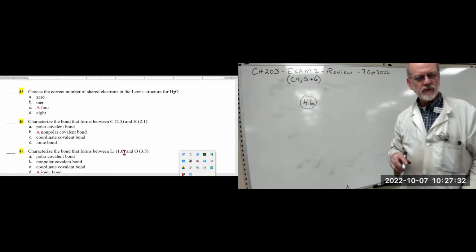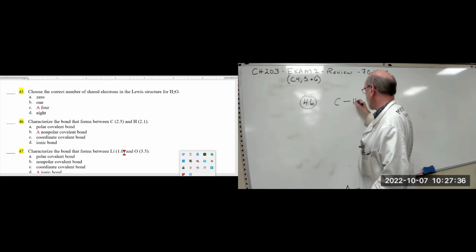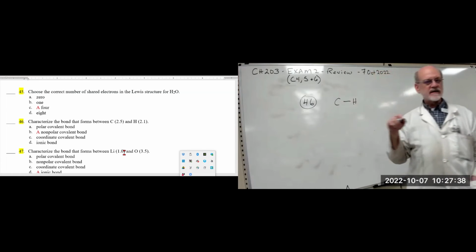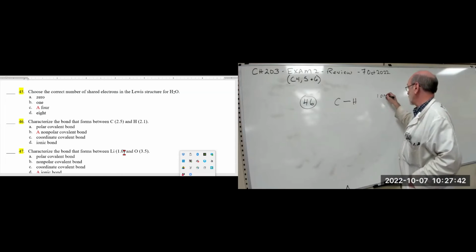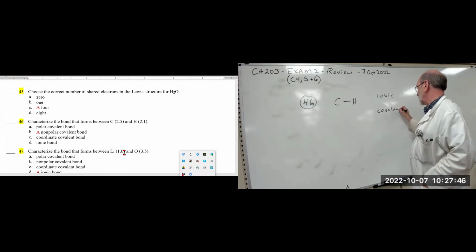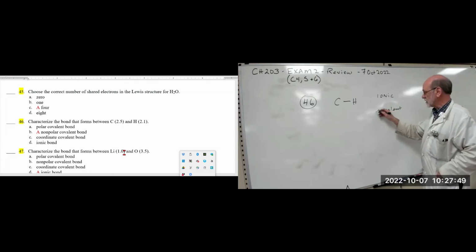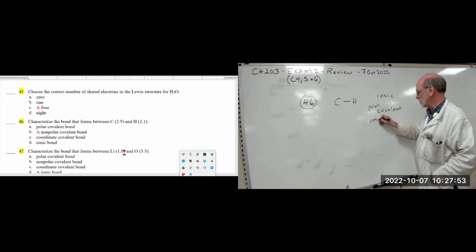Characterize the bond that forms between carbon and hydrogen. All right, so we're just looking at that bond. What type of bond is it? And we're talking about, is it ionic? Is it covalent? And if it's covalent, is it polar or nonpolar?